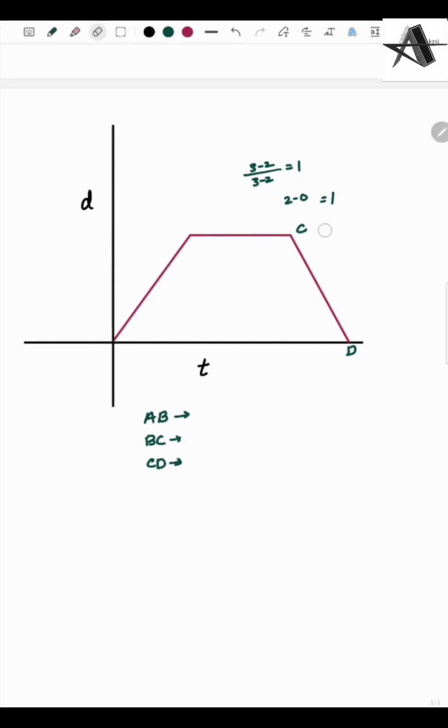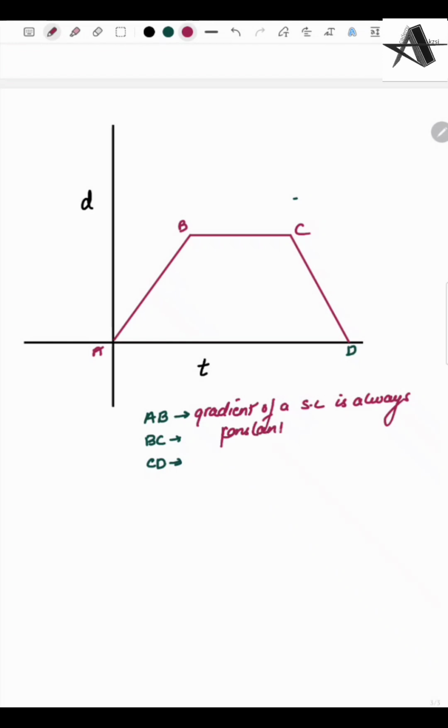And what is the gradient of a displacement-time graph? The gradient of a displacement-time graph is velocity, which means your velocity is constant. So the gradient of a straight line, I'm writing straight line as SL, is always constant. But what kind of value are you getting? You are getting a positive value. So you can say the gradient is positive.